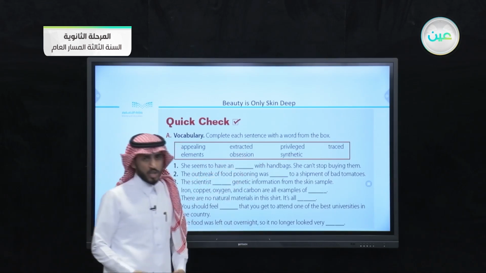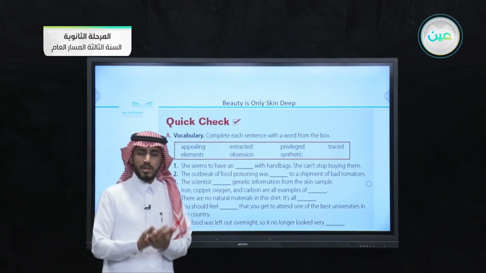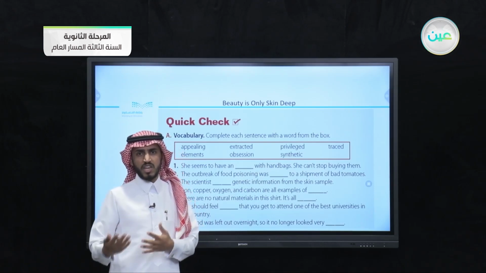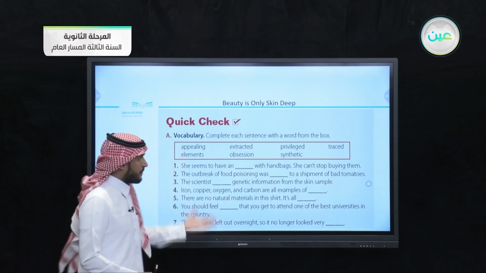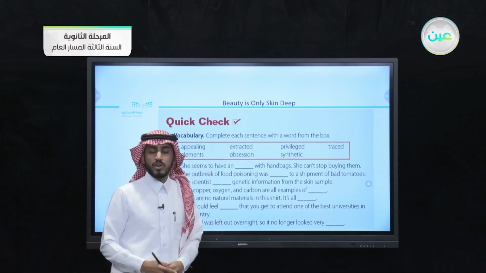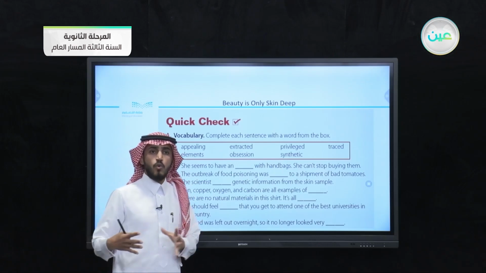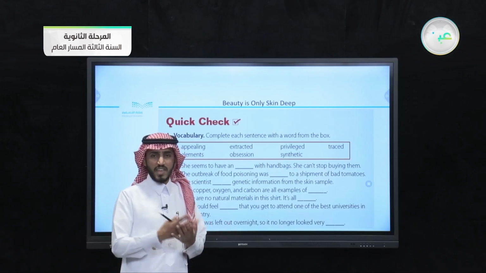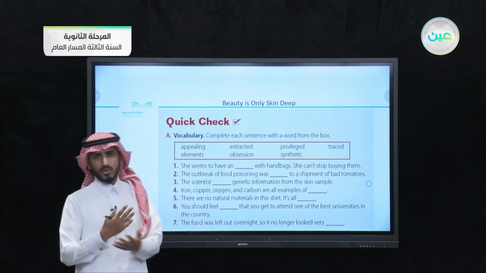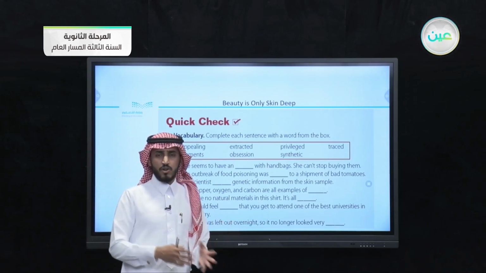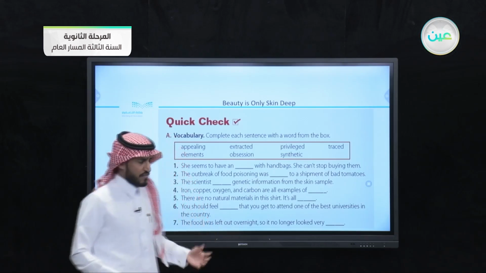Number 3, the word privileged means someone who has special rights, who is entitled to things that other people don't have. Number 4, the word traced means that someone follows something to find the answers. For example, you say the police traced the van, or the police traced the thief.